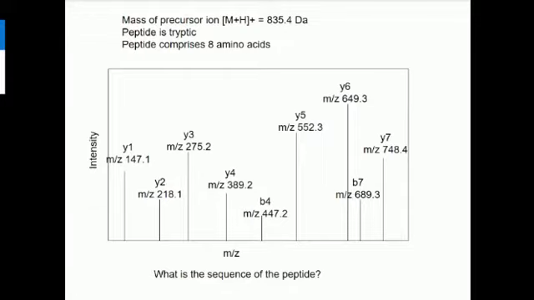If you subtract the mass of the Y7 from the intact precursor, that will correspond to an amino acid residue on your sheet, which is serine.